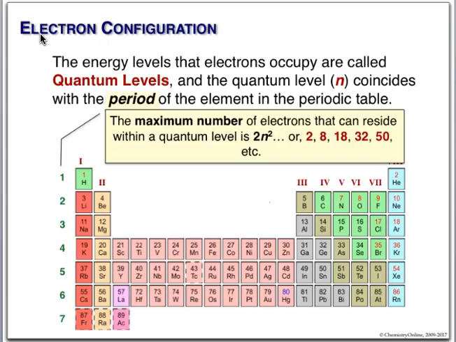So in our first level, we can only accommodate 2 electrons. Our second energy level, where carbon lives, we have n squared is 4, times 2 is 8. Down here in 3, we have 18, 32, 50, etc., etc., etc.